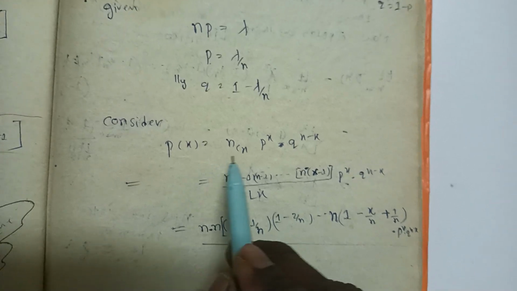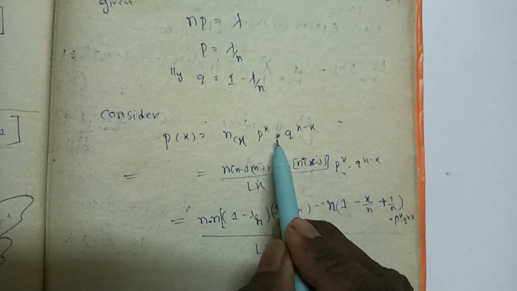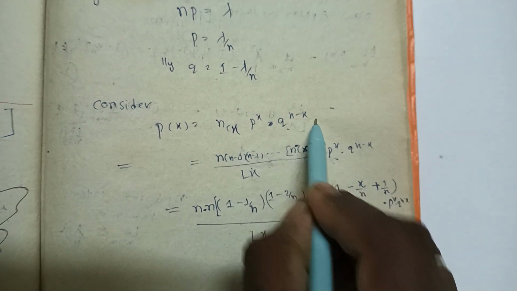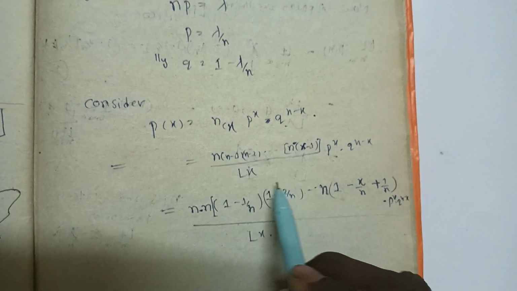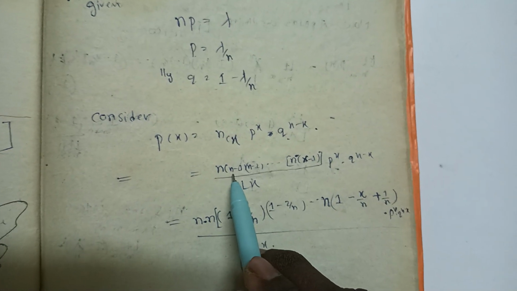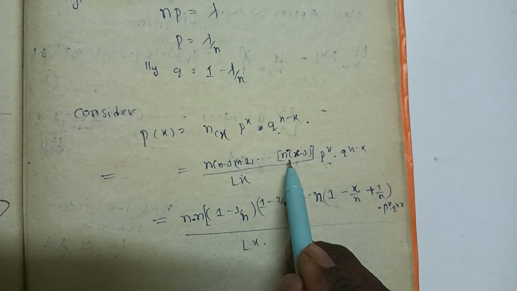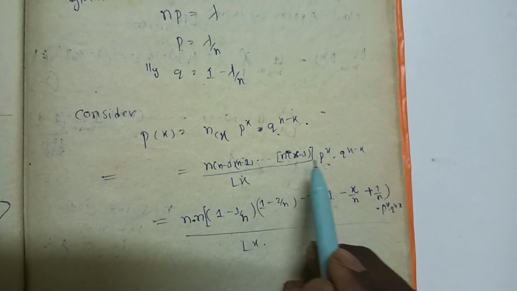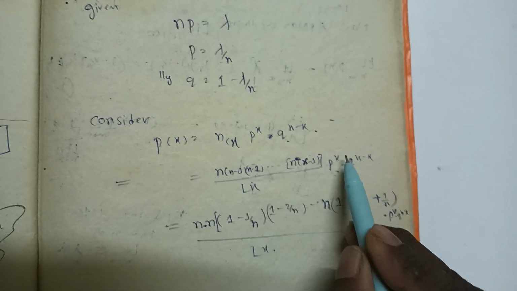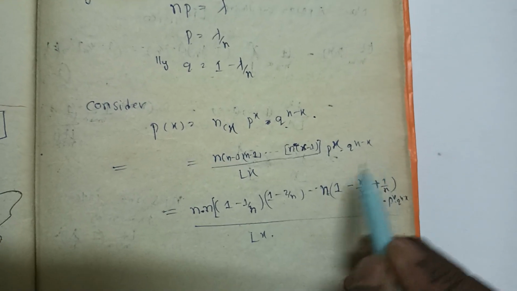Now consider P of x equals nCx p to the power of x q to the power of n minus x. This is the expansion: n of n minus 1, n minus 2, and so on, up to n minus (x minus 1), then p to the power of x into q to the power of n minus x.